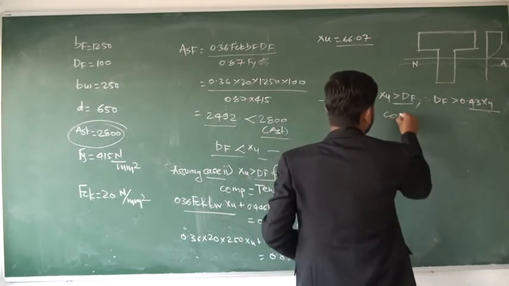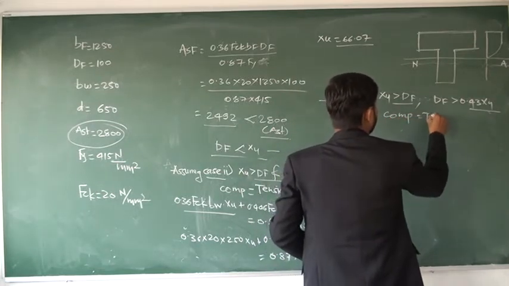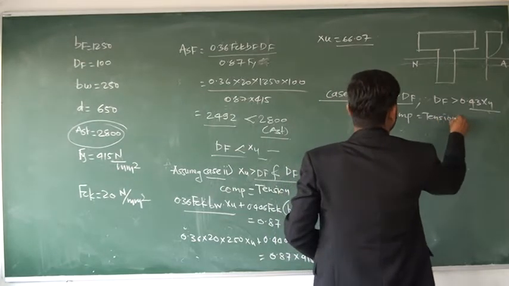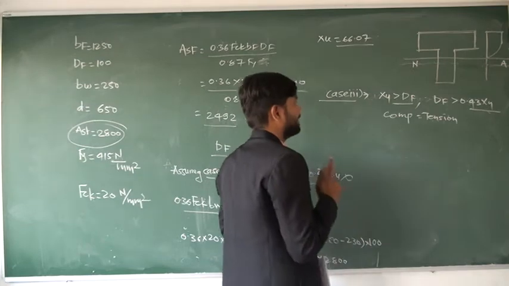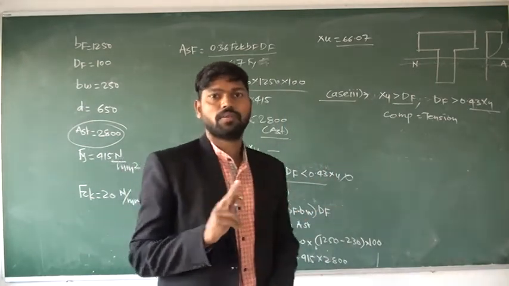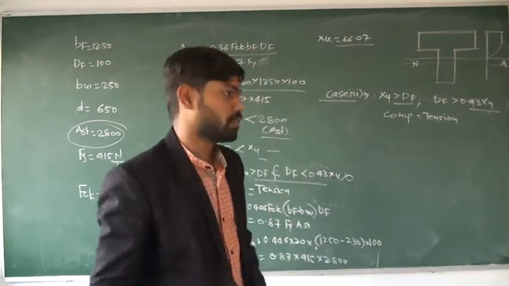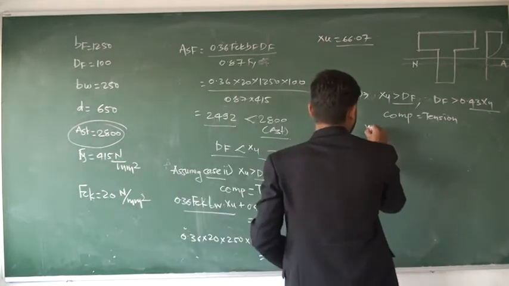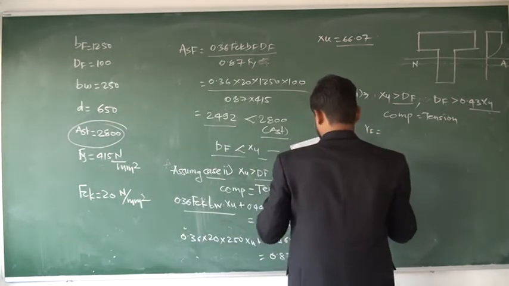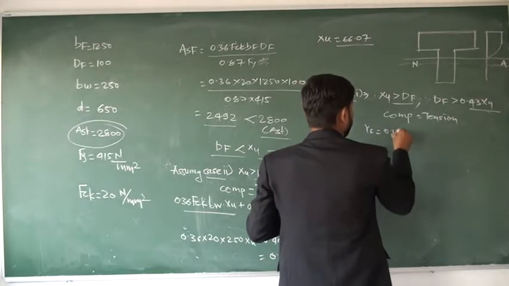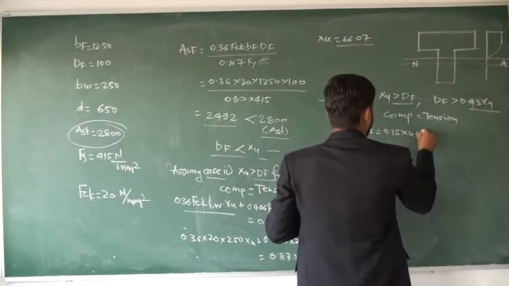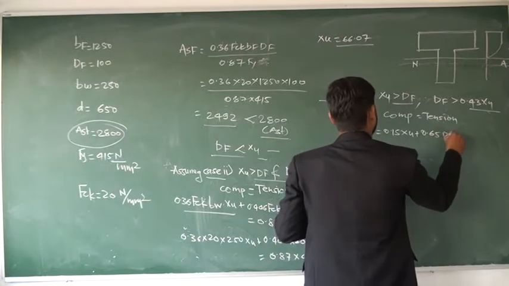Compression equal to tension. Now what is compression again? Cuf, Cuw. But here one more term is introduced for case number 3, that is yf. So first let us calculate what is yf. yf is 0.15 xu plus 0.65 Df.